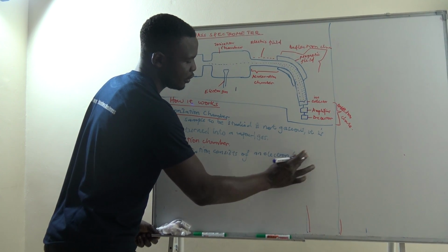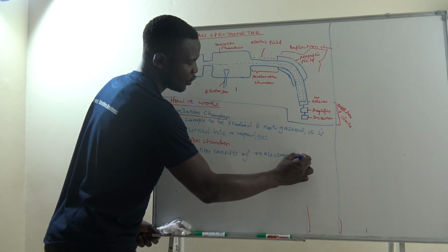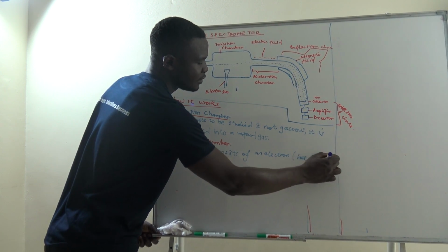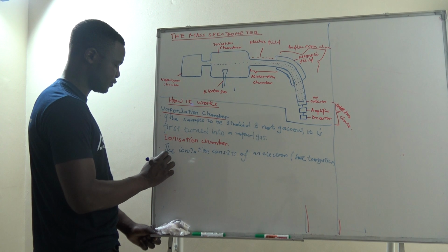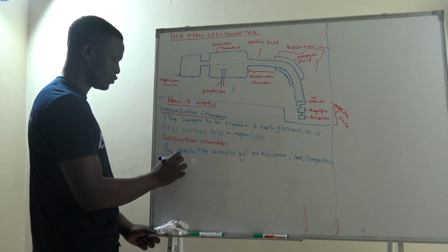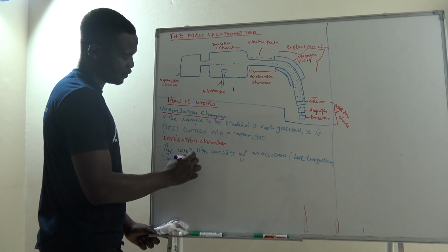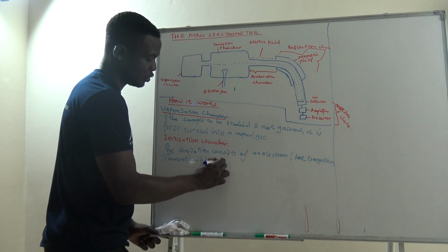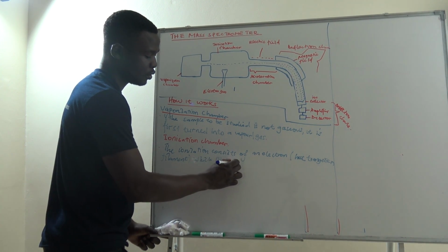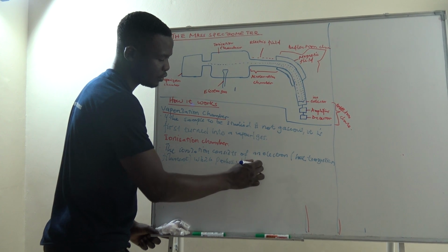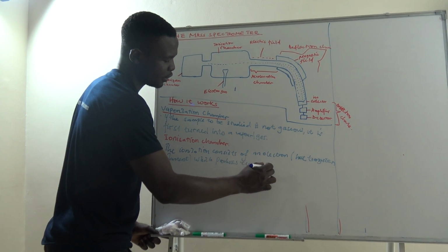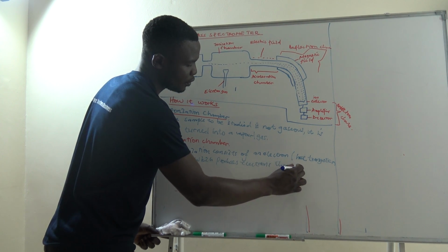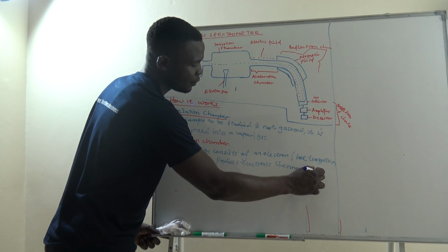You can also call it a hot tungsten filament, which produces electrons thermionically.